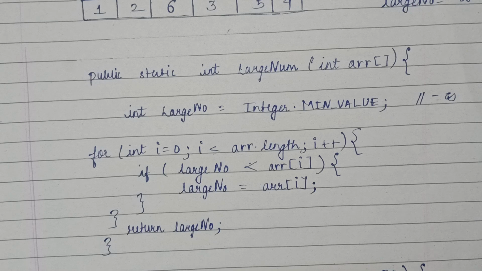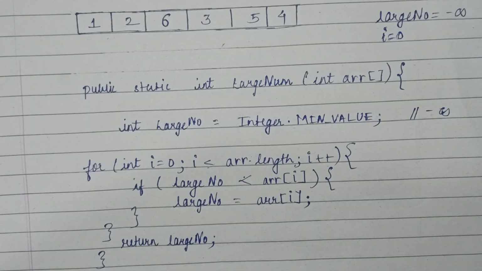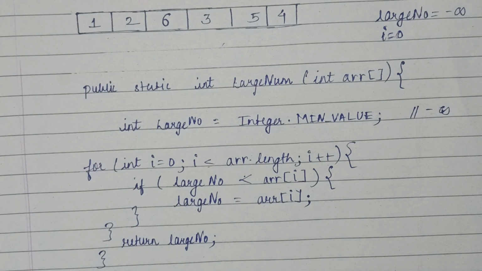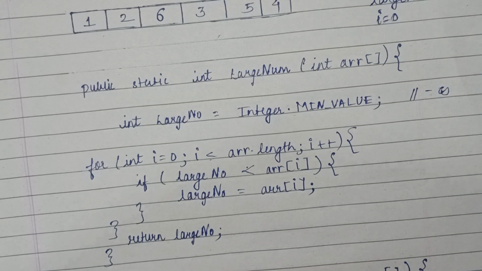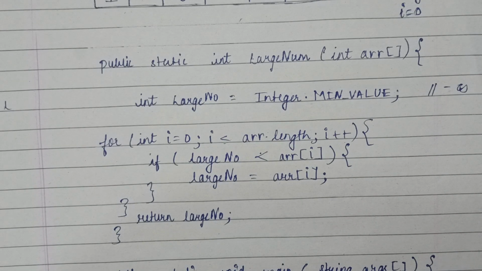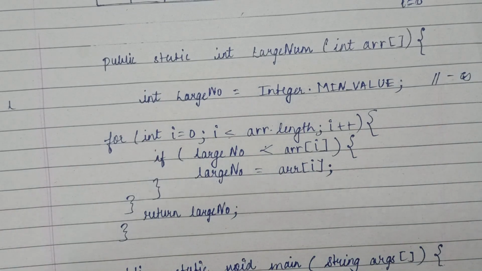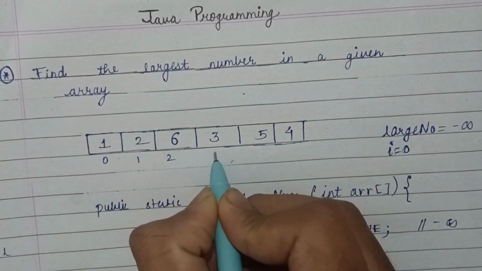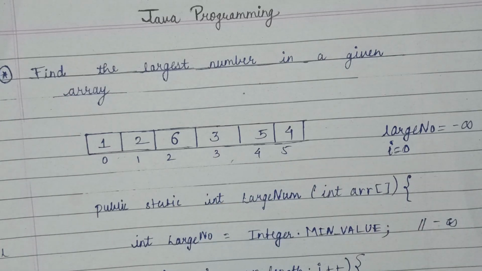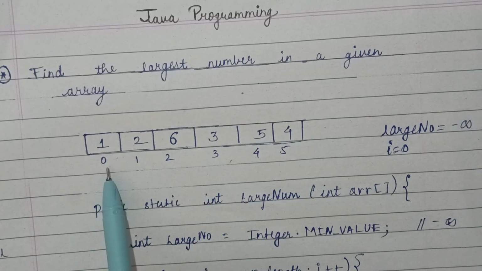Now let's dry run it. i is equal to 0, and i is less than array length. Obviously the condition will be true, and it will enter the loop and check the condition: is largeNumber less than or equal to array of i? The value of i is 0, so at the 0th position the value 1 is present.